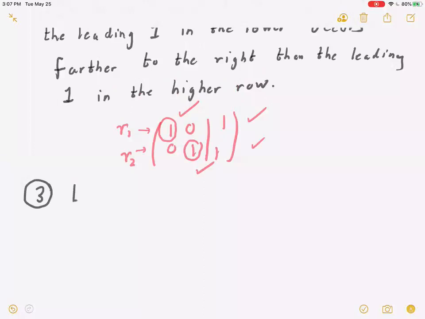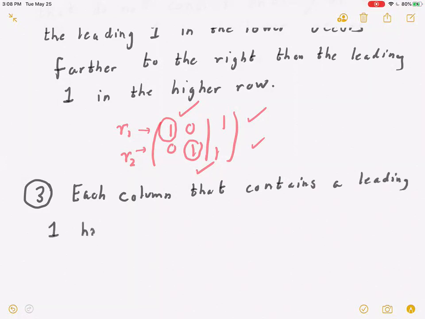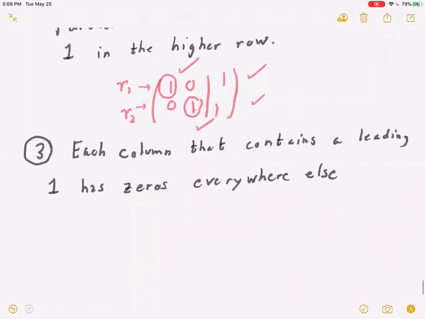Third characteristic of reduced row echelon form: each column that contains a leading 1 must have zeros everywhere else. So again, let's go back to our example.